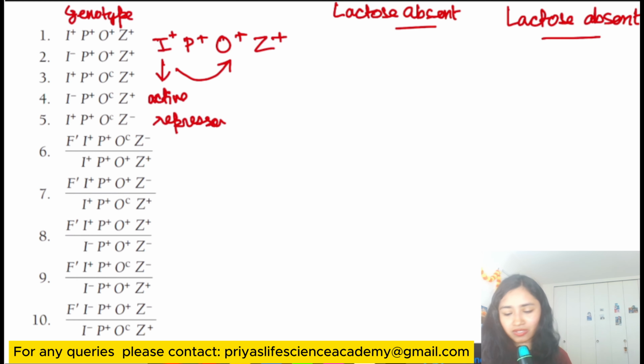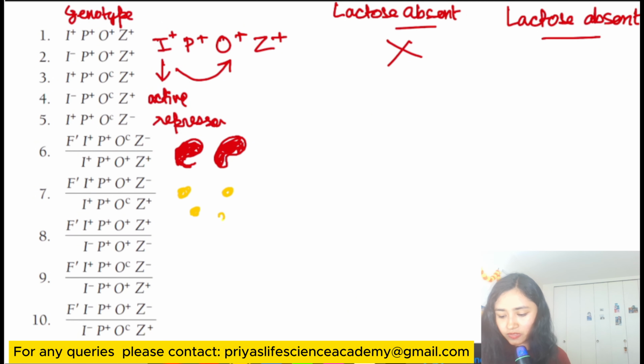So in the absence of lactose, there will be no expression. But what will happen if the inducer is present? These are the Lac repressors, and these are the inducers. When the inducer, that is lactose, is present, it will bind with the repressor and block it.